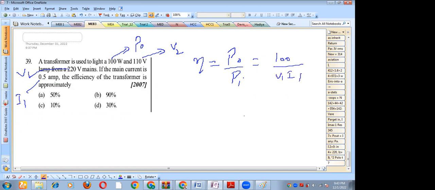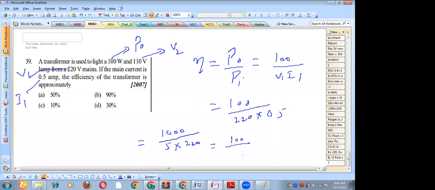So what is V1? 220. What is I1? 0.5. So we will get 1000 by 5 into 220. So that will be 100 by 5 into 2, 50 by 22, 25 by 11.